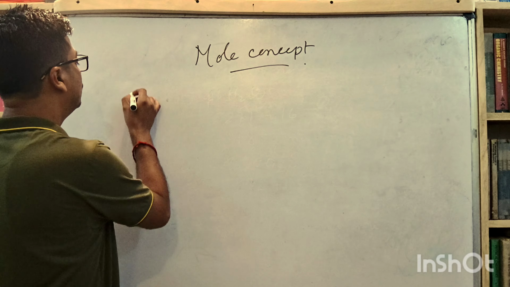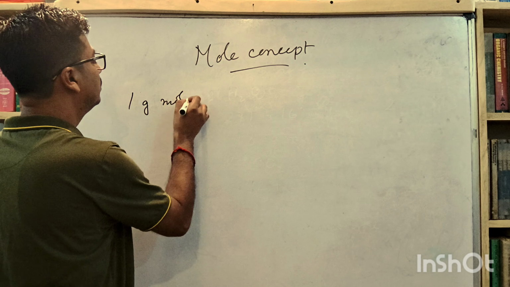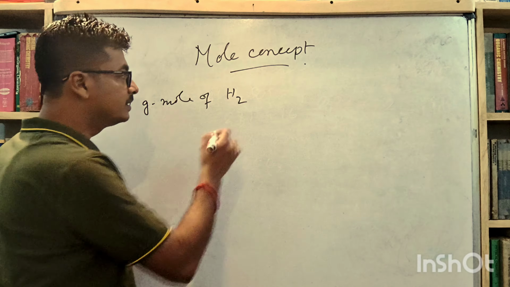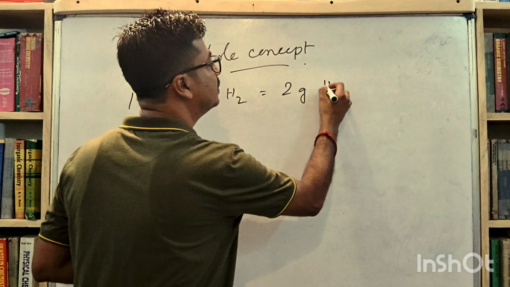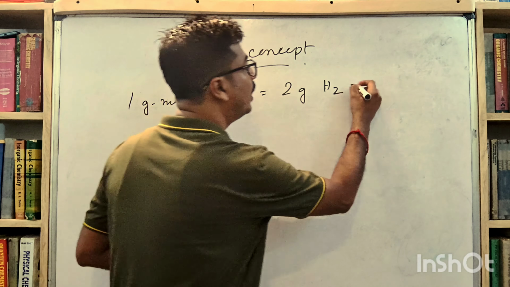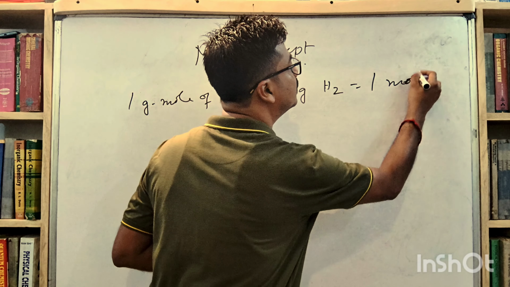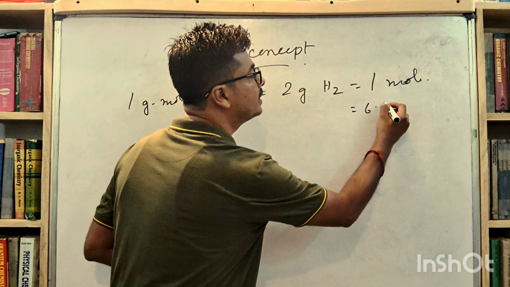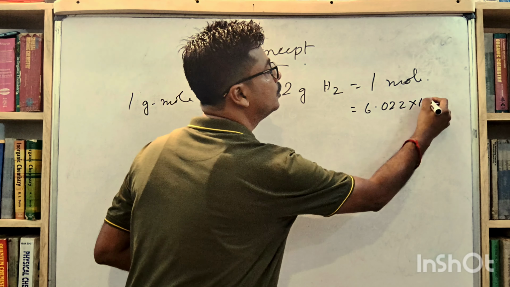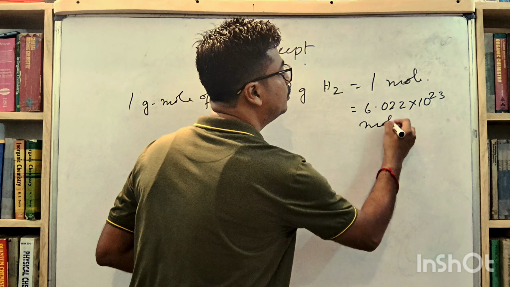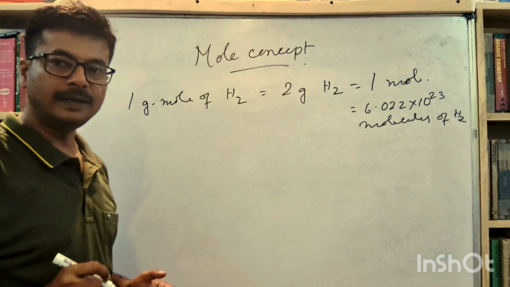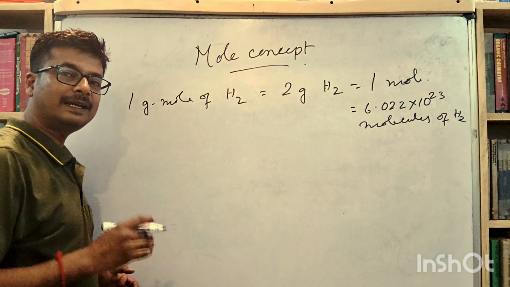For example, 1 gram mole of hydrogen means 2 grams of hydrogen, which means 1 mole of hydrogen, and 1 mole of hydrogen means 6.022 into 10 to the power 23 molecules of H2. Is it clear?